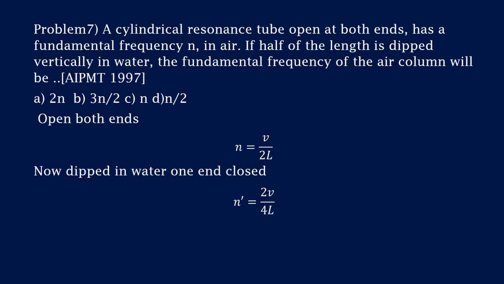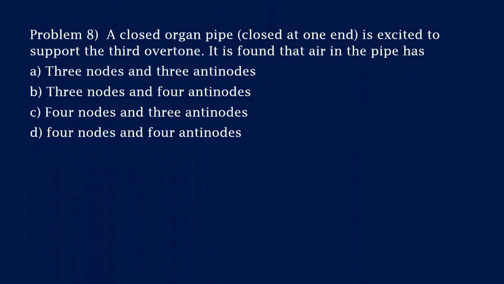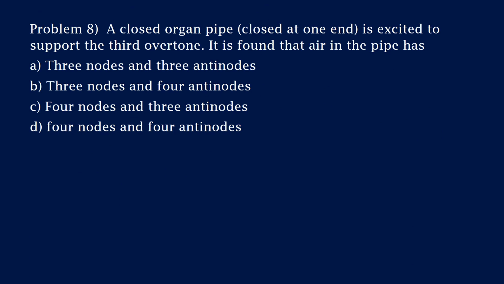Now, both end open pipe is dipped in water, therefore one end is closed. Fundamental frequency of closed end pipe is given by N dash is equal to 2V upon 4L. Therefore, N dash is equal to N1.